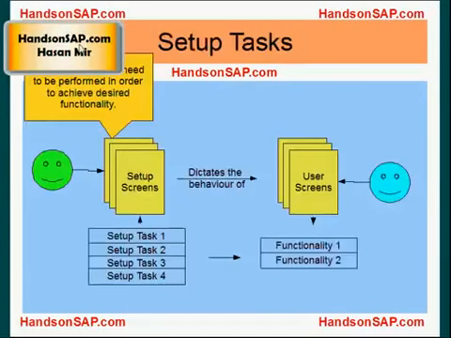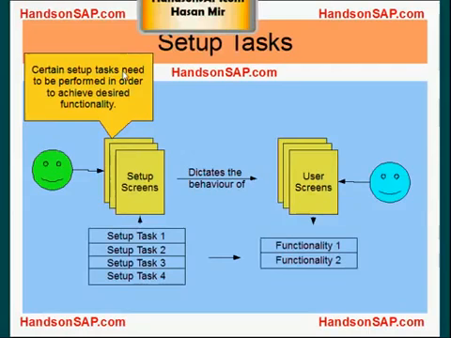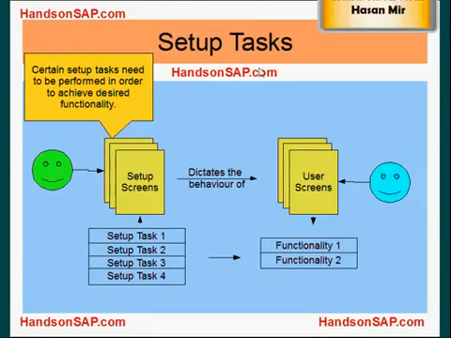Now, certain tasks need to be performed in order to achieve the desired functionality, and that's what you do in the setup screen. So when you say you are configuring the system, that actually means you're performing certain tasks. For example, here you're performing these 4 tasks because after performing these 4 setup tasks, you will achieve certain functionality, and this functionality is needed by the business in order to run its day-to-day business.